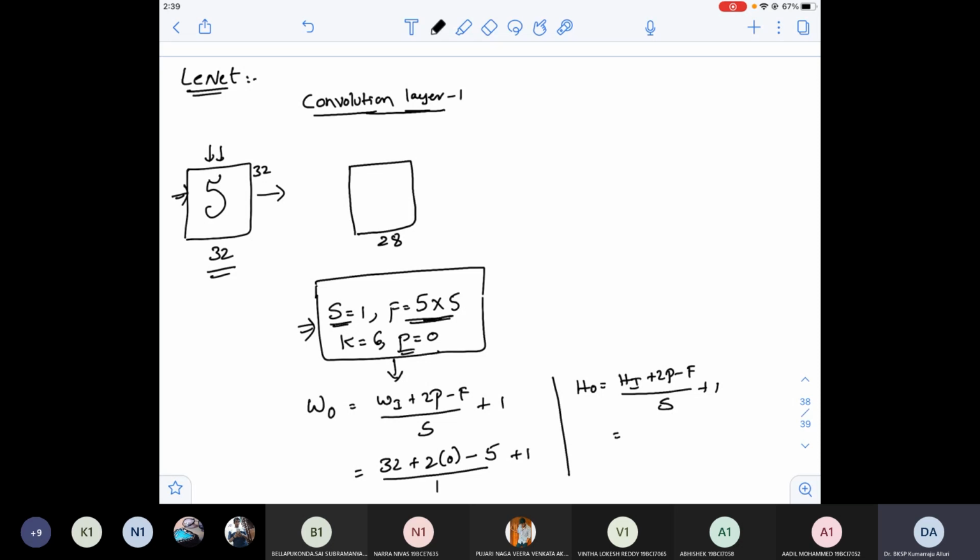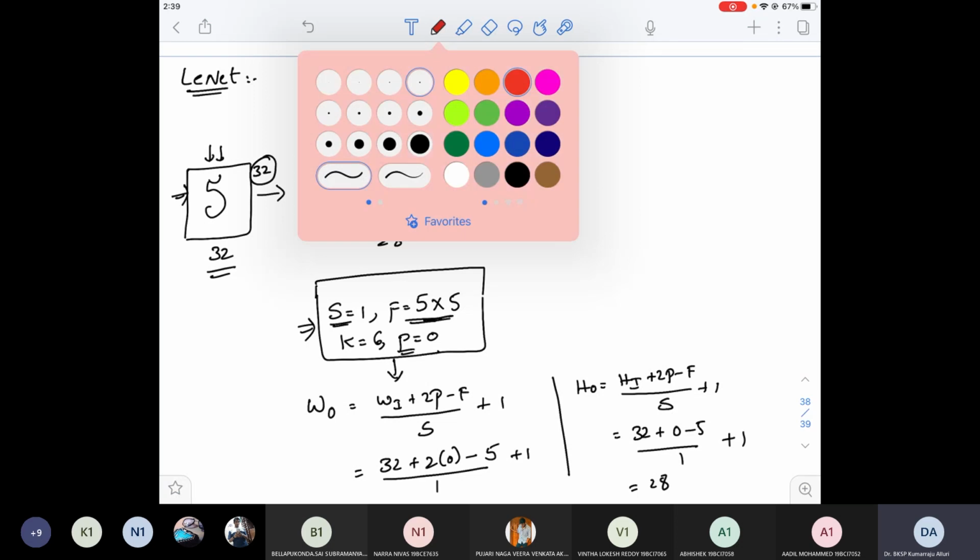Hi is also 32, so 32 plus 0 minus 5, divided by 1, plus 1. This is also 28, so my height is also 28. You understood, guys? Now, see, guys, this is extreme. People get confused here.